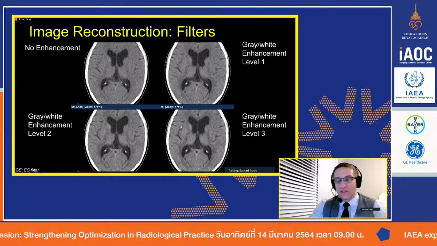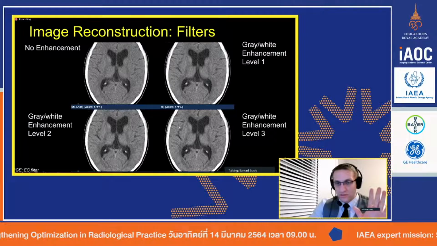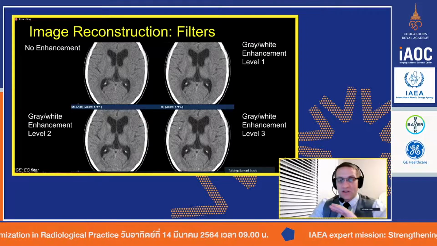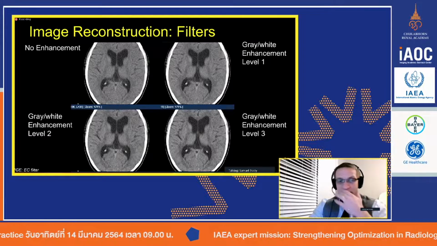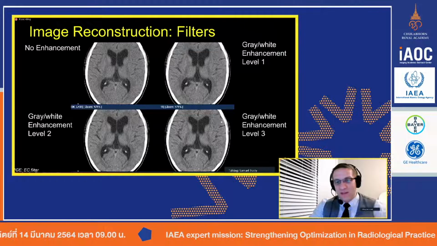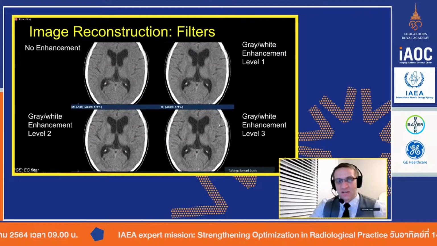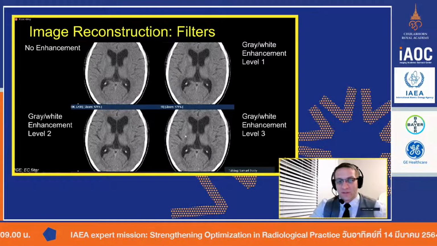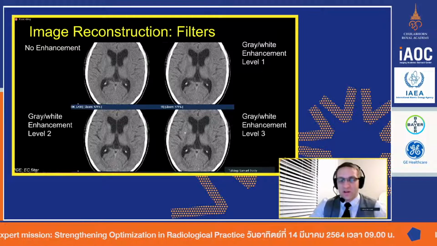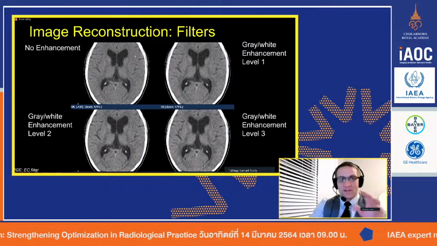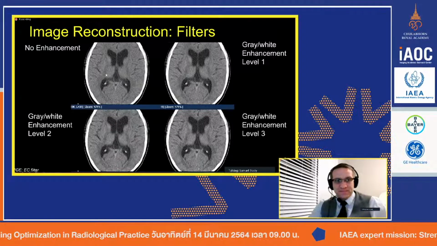And that's all it's doing. It's not a differentiation of the kernel. We're not changing the dose output. So there's really no penalty to this. It's just trying to make it so the gray and white matter stand out subtly a little bit more. And I would like to believe, if you look at this image, it is subtly that much more evident than this one right here.